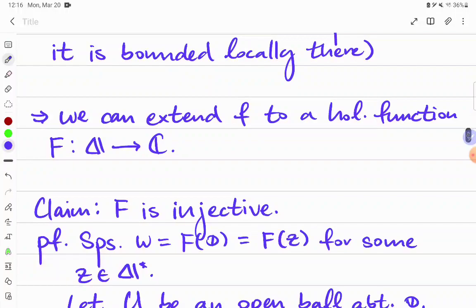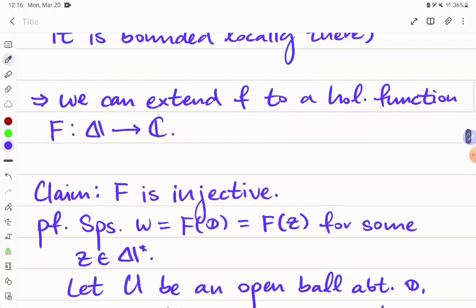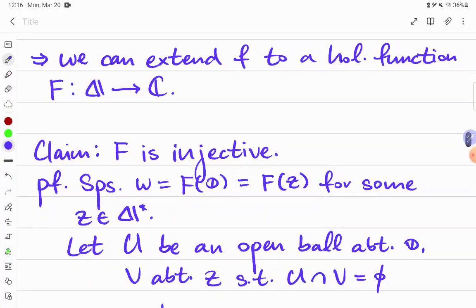Now, let's consider 2 open sets. One of them is going to be an open ball about 0, and the other is going to be an open ball about z, the 2 points which have the same image under F. We can take these 2 sets to have empty intersection because under the metric topology, the complex numbers have the Hausdorff property.